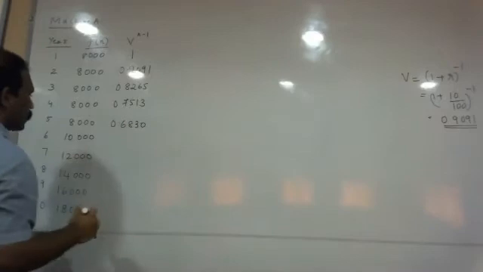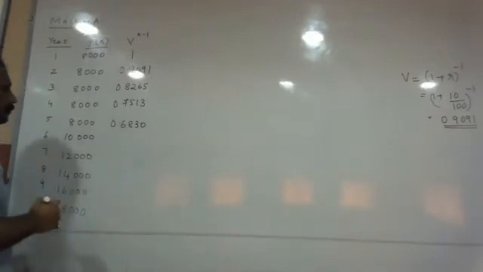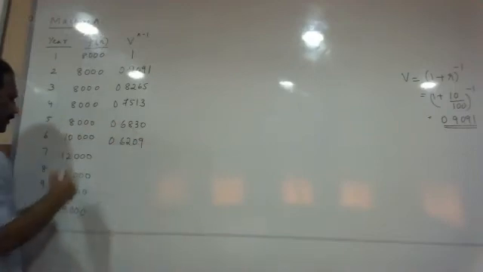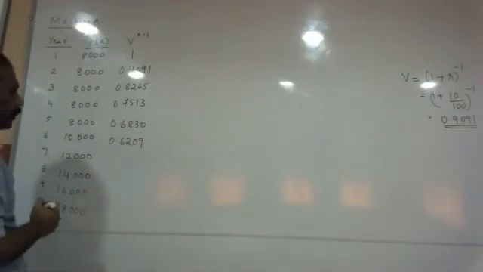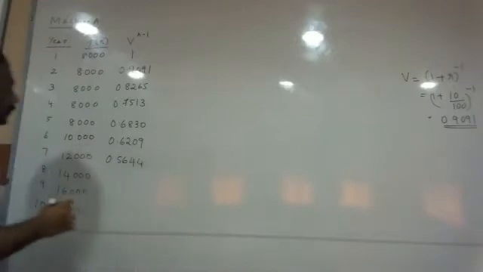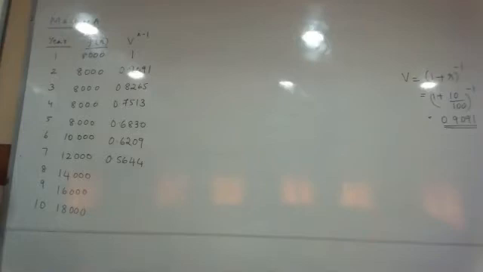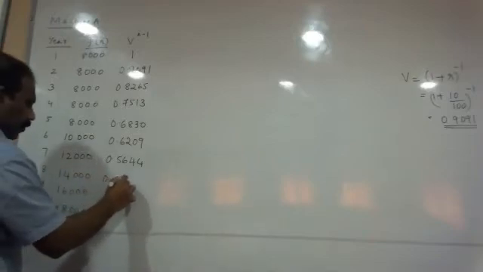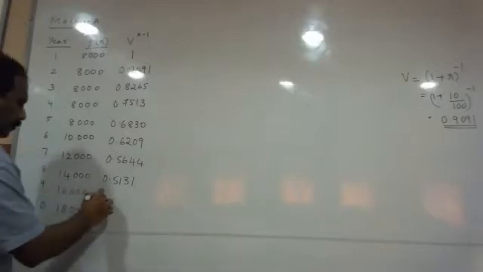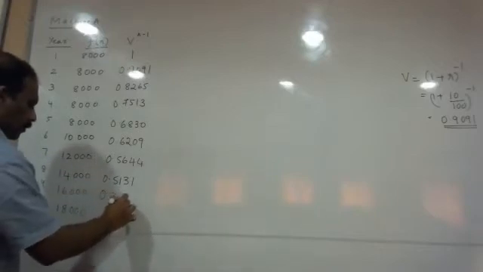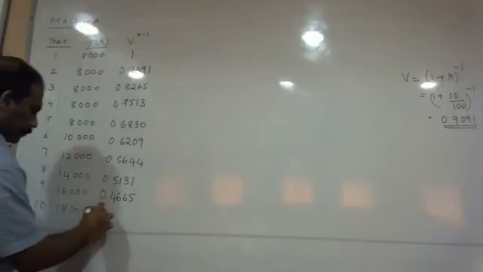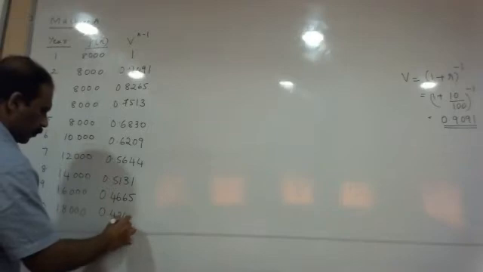Sixth year, 0.6209. Next, seventh year, 0.5644. Eighth year, 0.5131. Ninth year, 0.4665. And 10th year, 0.4240. Very good.